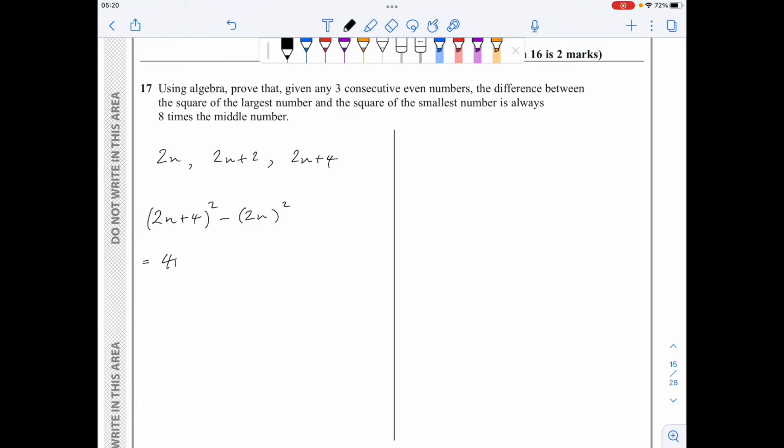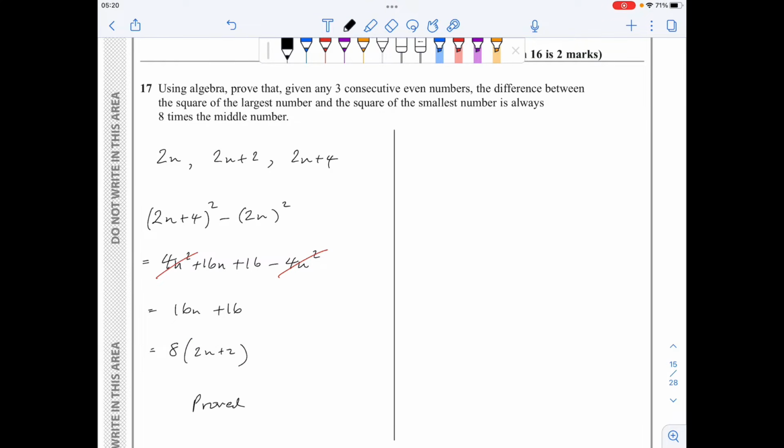Expanding will give me 4n squared plus 16n plus 16 minus 4n squared. The 4n squared cancels out, and I'm left with 16n plus 16. Now I want to show that this is 8 times the middle number, so I'll take out a common factor of 8, which will give me 2n plus 2, which is the middle number, hence proved.